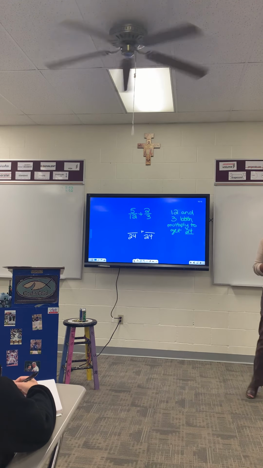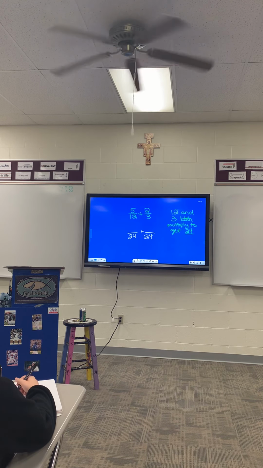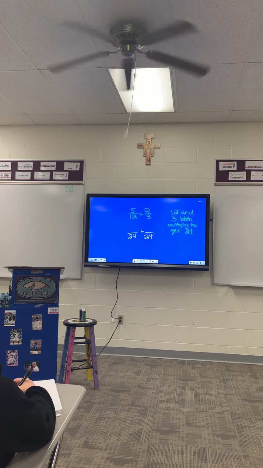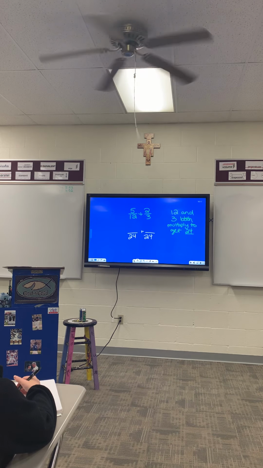Terry chose 24 because 12 can multiply to get 24 and 3 can be multiplied by something to get 24. We cannot just plop the 5 and the 2 down there.